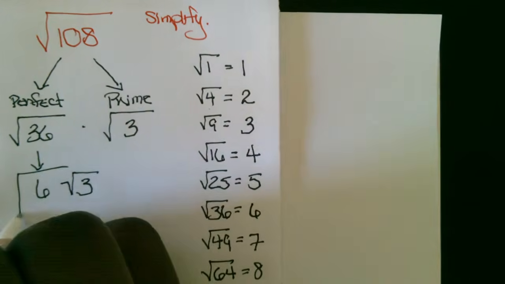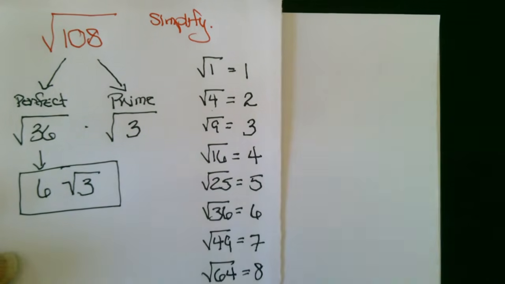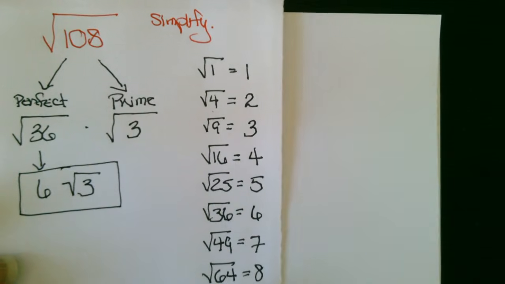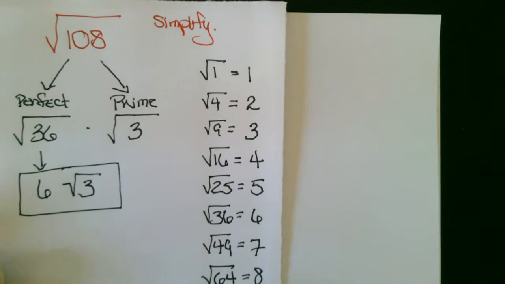So my answer is going to be 6 square root of 3. Now, if you showed me the decimal version, you're not giving me the exact value, you're giving me the approximate value. So there's going to be times that you're going to have to read the directions of any of the tests to see if it wants it to be exact or if it wants to be approximate.